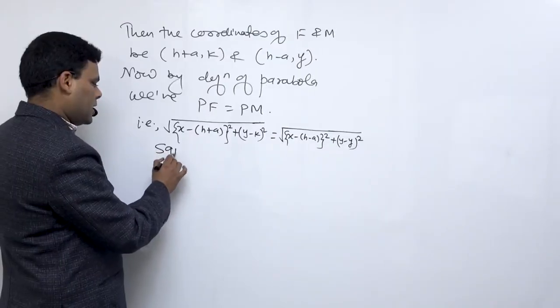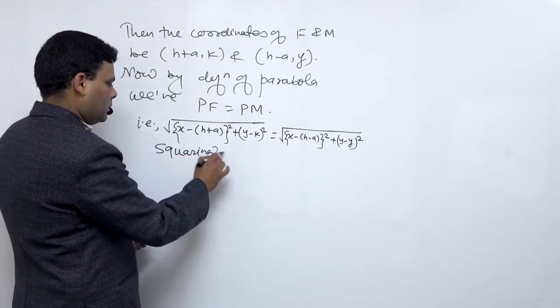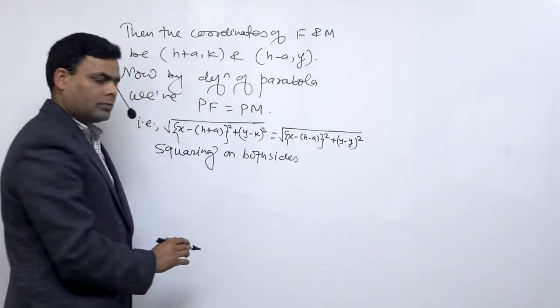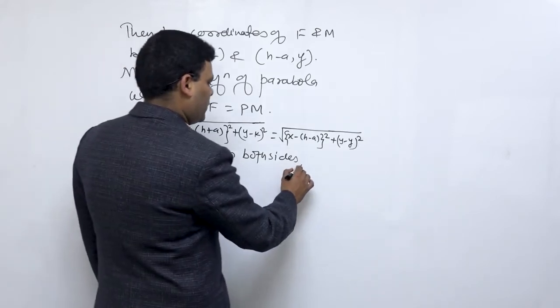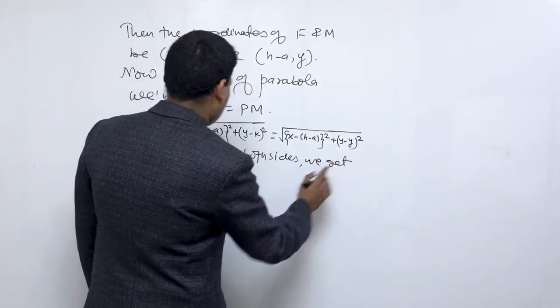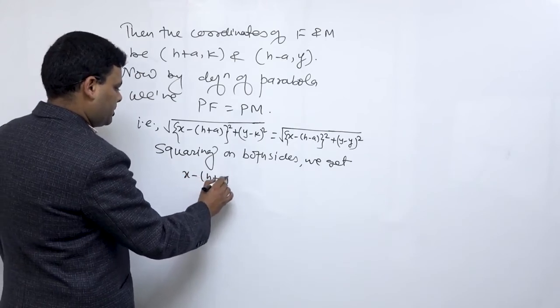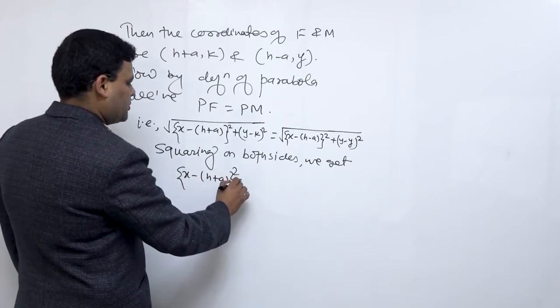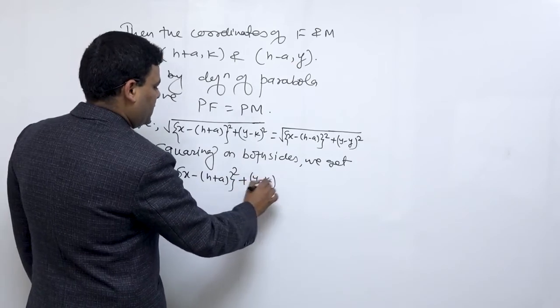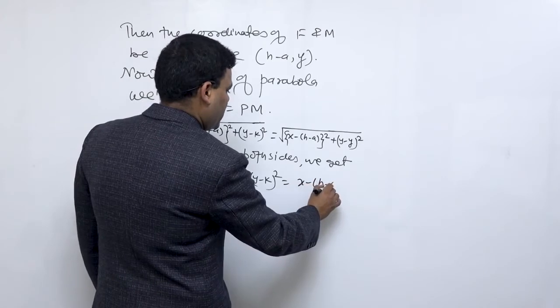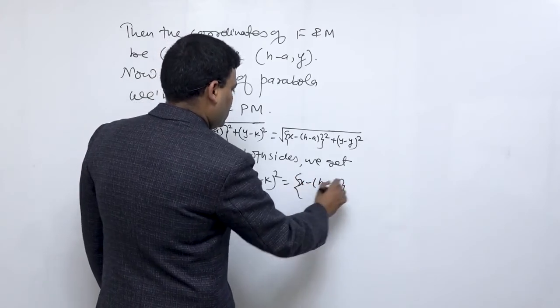Squaring on both sides, we get (x minus h plus a) whole square plus (y minus k) whole square equals (x minus h minus a) whole square.